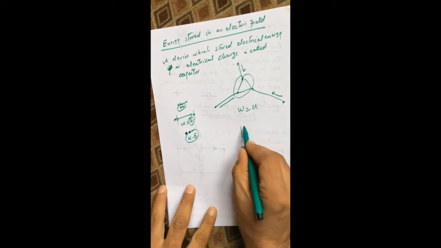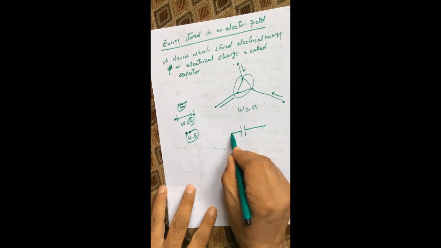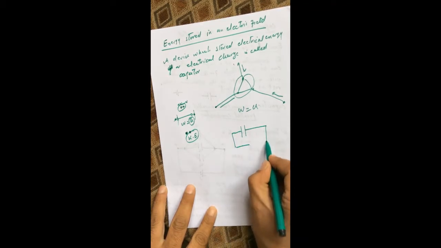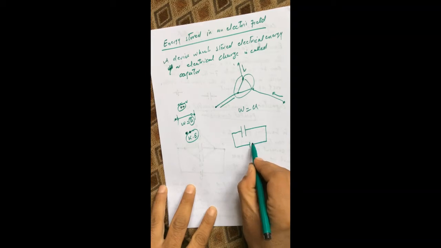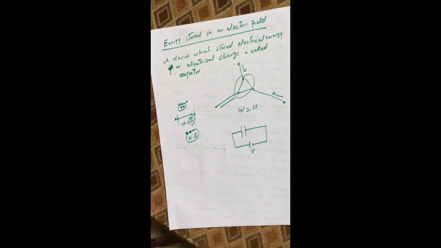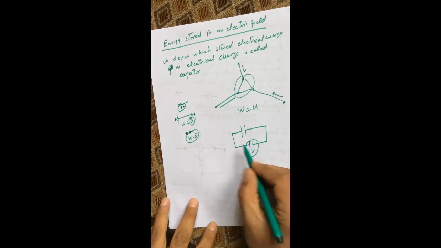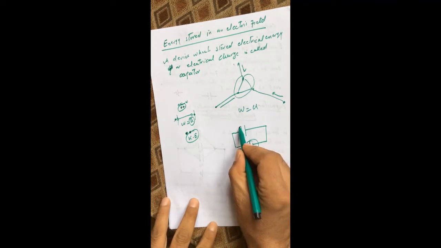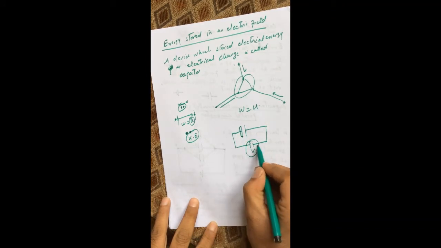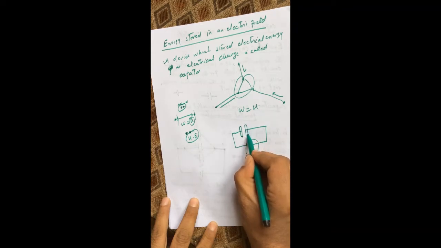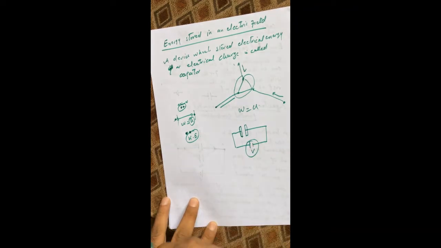Suppose we have a capacitor which is connected to an external battery with potential V. What is the role of this battery? This battery pulls electrons from this plate of the capacitor and produces those charges on this plate.